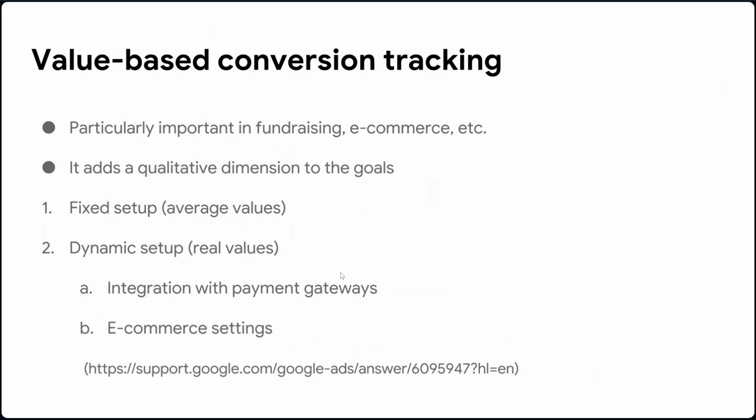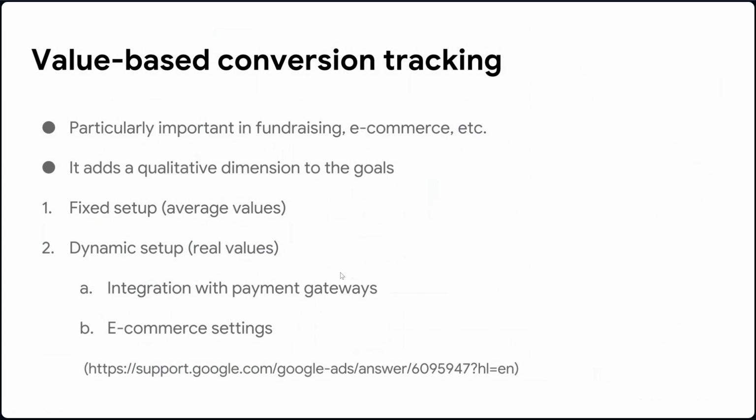Because coming back to what I've shown you on the previous slide, if you add an event, for instance, on the order completed page or thank you page or whatever that is, if somebody completes the order, you'll have that information in Google Ads or Google Analytics, but you will not know what the purchase value was. You will not know what the actual revenue was. And without that information, obviously, you cannot calculate ROI because you cannot compare the revenue data with your cost data, which is what you want, right?